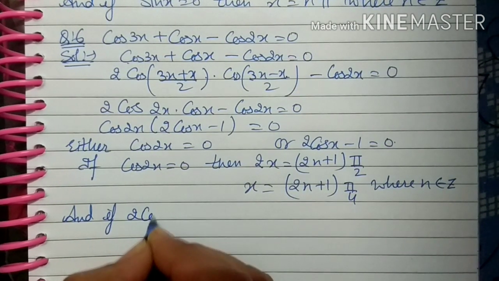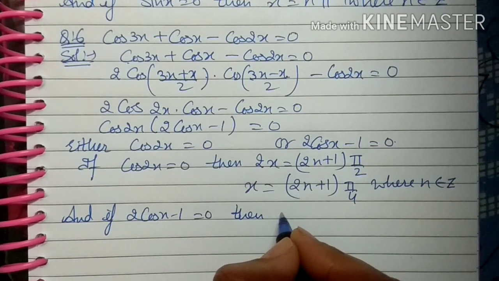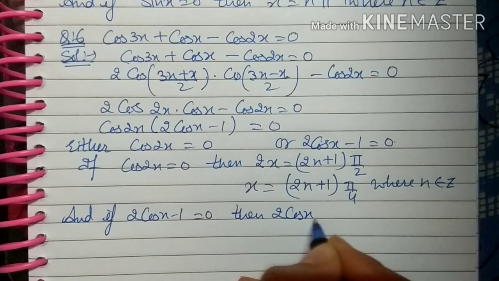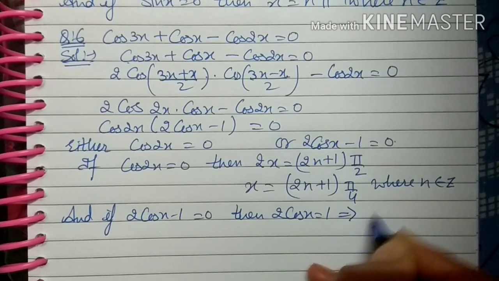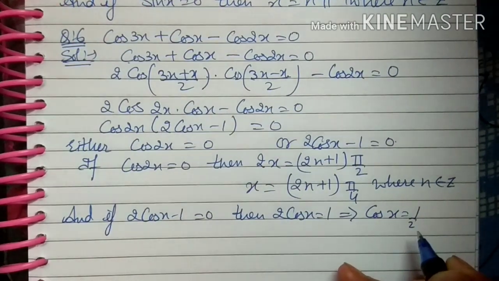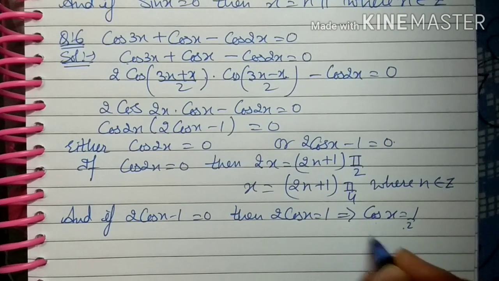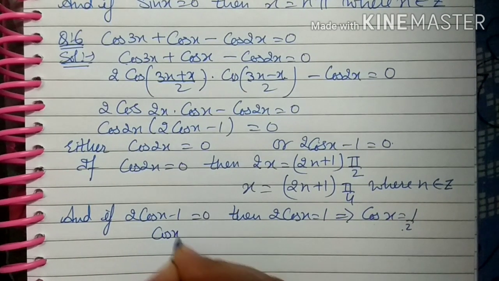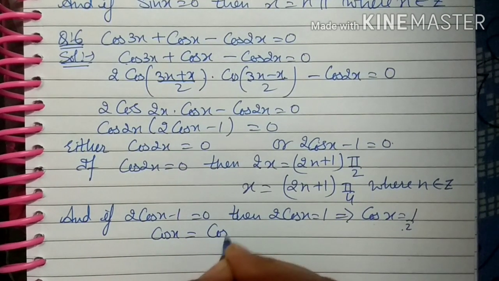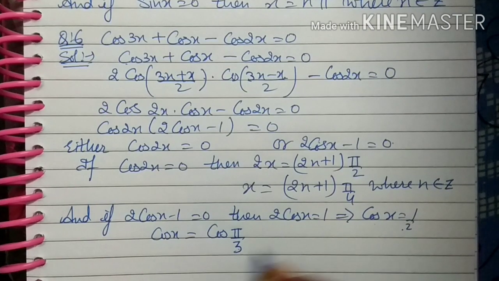And if 2 cos x minus 1 बराबर 0, then 2 cos x equals to 1 implies cos x is equals to 1 by 2. Cos की वैल्यू 1 by 2, cos pi by 4 पे, sorry pi by 6 ये pi by 3 पे.